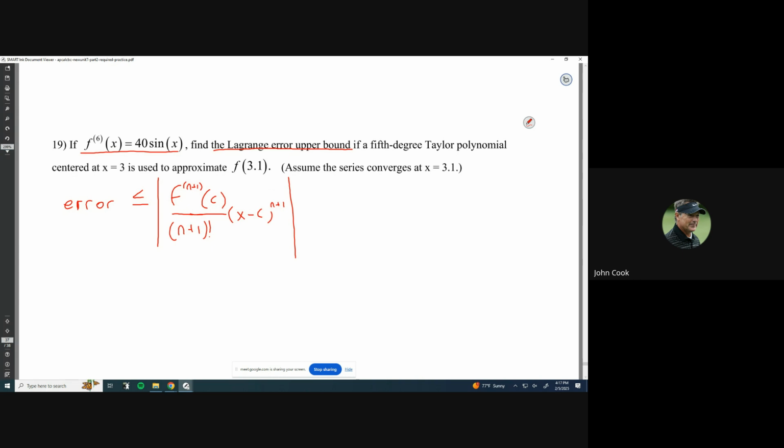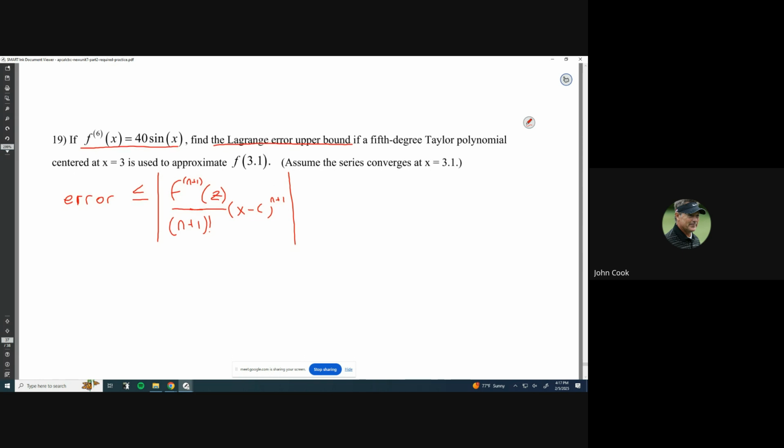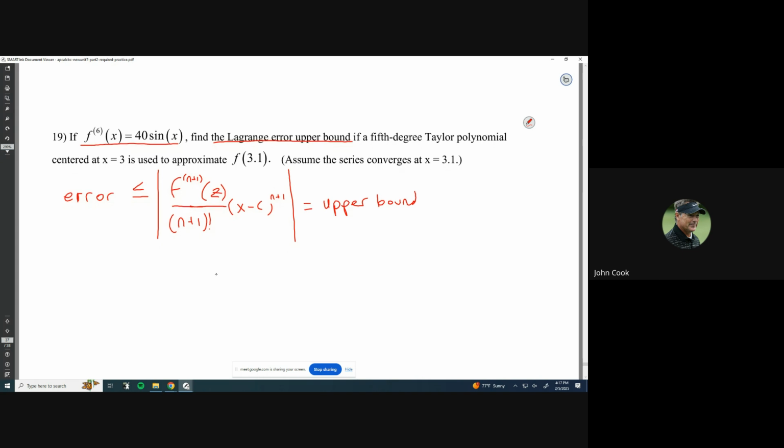And then I'm going to replace the c with a z. There you go. There's my Lagrange error bound formula. That's it. And this is the upper bound that I'm going to be looking for.